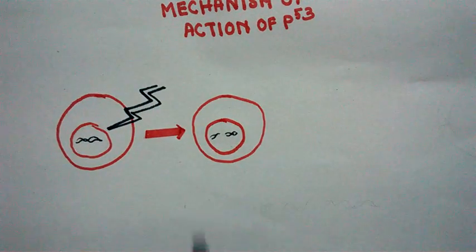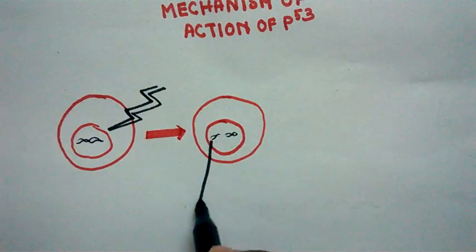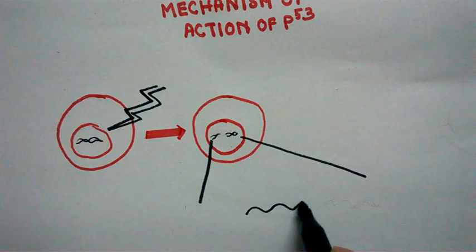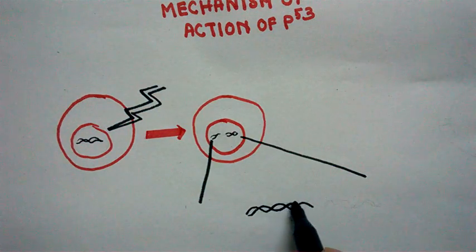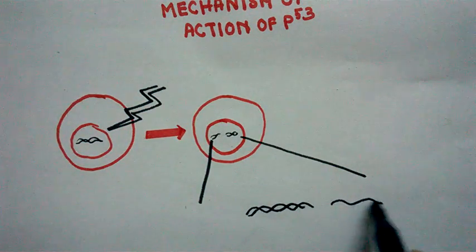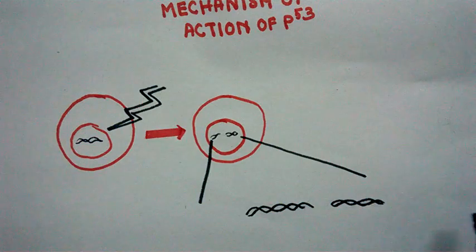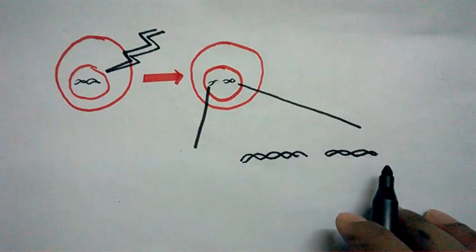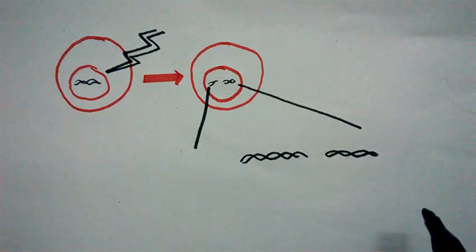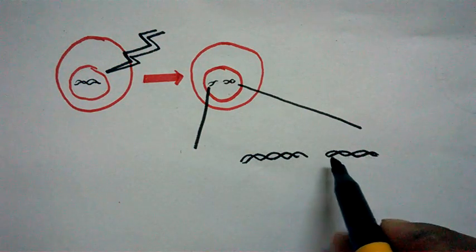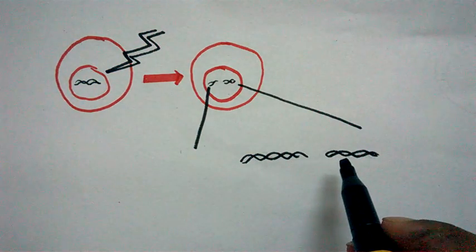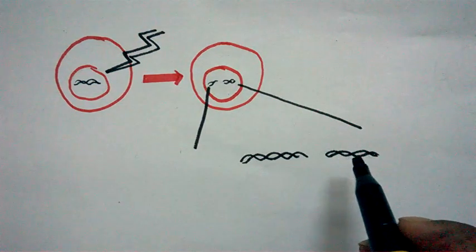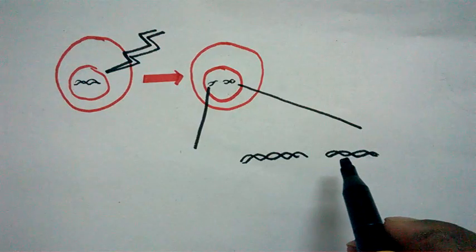If we zoom into this portion, we would see that there is a DNA lesion, a double strand DNA break. In this situation, if the cell is allowed to divide, it would be quite dangerous, because in the daughter cells there would be an uneven segregation, an unequal distribution of the genetic material, which is not expected.